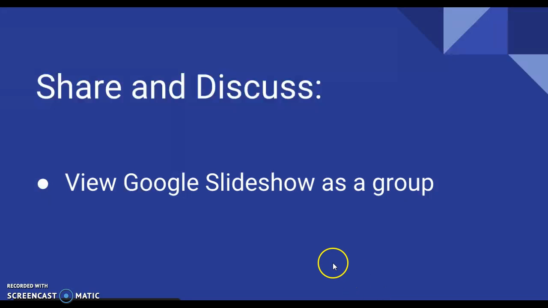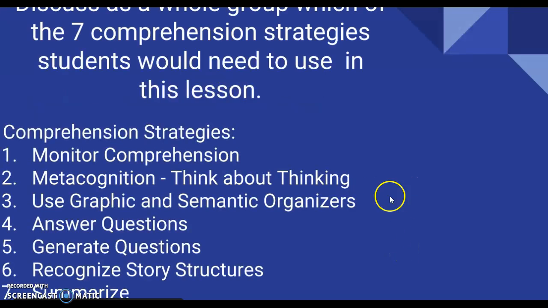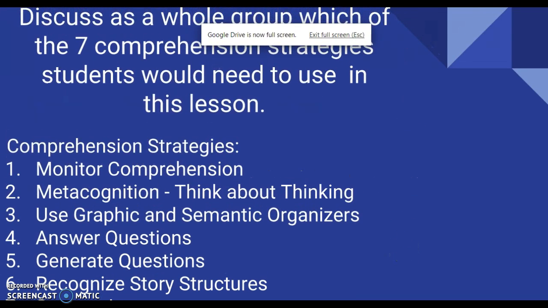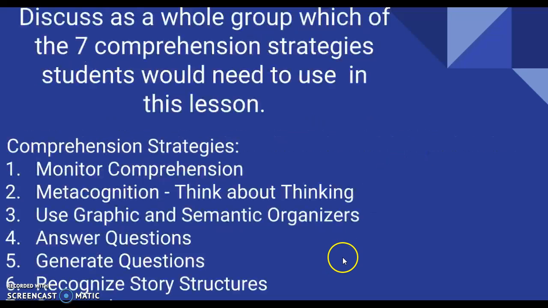Then we're going to share and discuss, viewing the Google slideshow as a group to see what everybody found. Then we're going to discuss as a whole group which of the 7 comprehension strategies students would need to use in this primary source document lesson using the analysis sheet. So the strategies of monitoring comprehension, they definitely will have to do that while going through this activity.